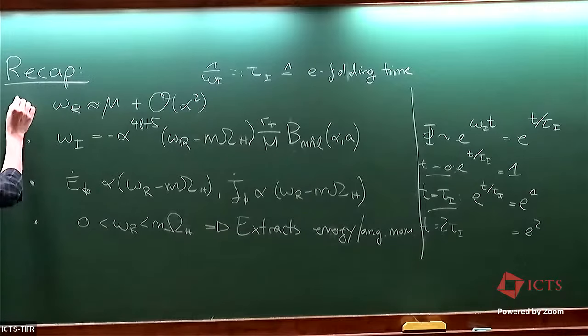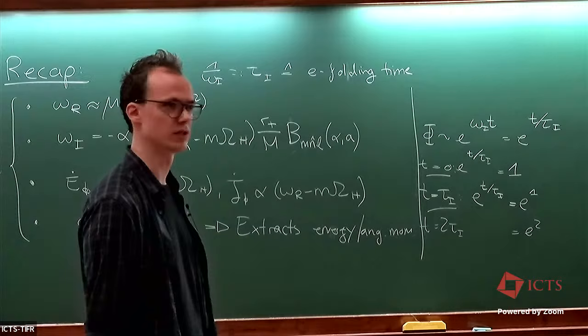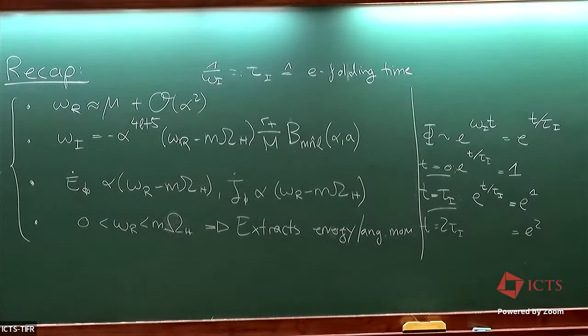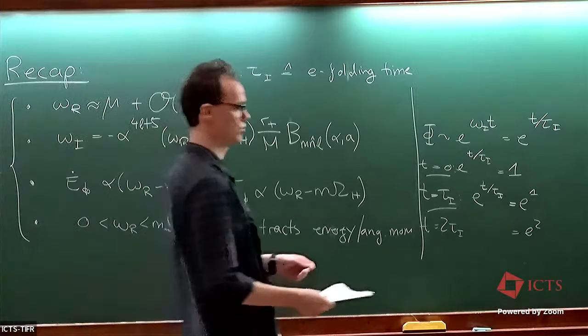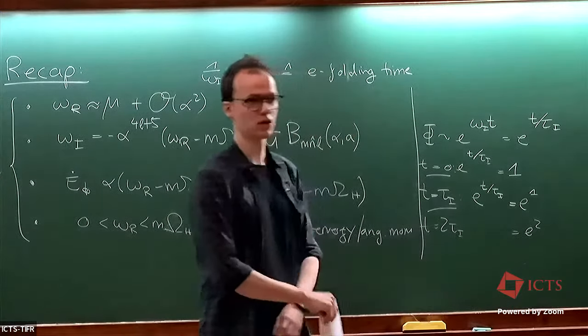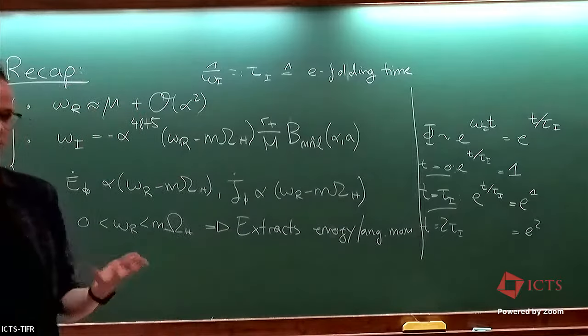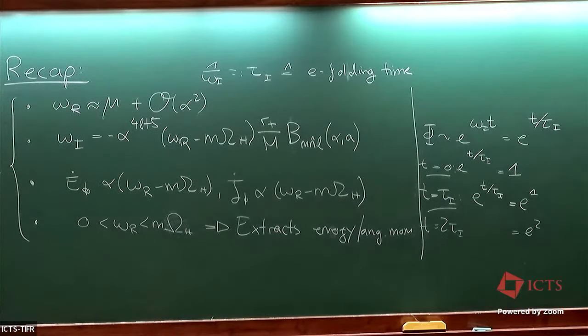Okay? So at this point, all of this we got from linear theory. What I mean by linear theory is literally the linear order in the perturbative expansion around the Kerr background that we chose to study, okay? But here, because it's linear, it doesn't tell us what's going to happen once the amplitude grew through many, many e-folds and acquires some macroscopic amount of the energy that is contained in the black hole.